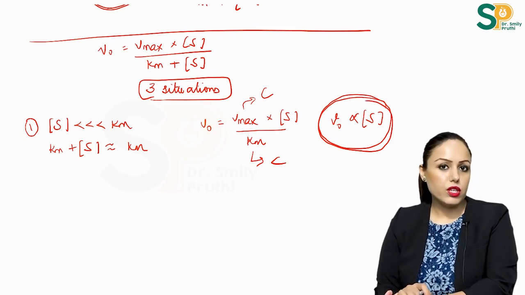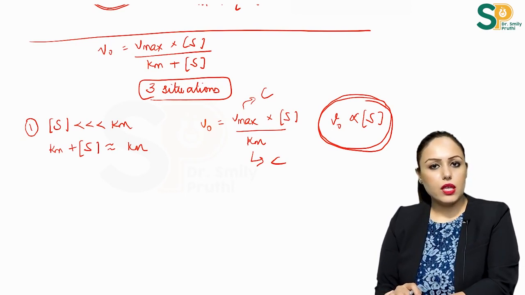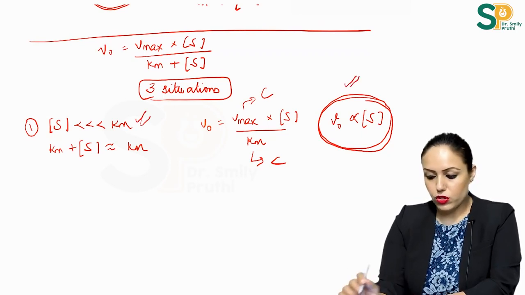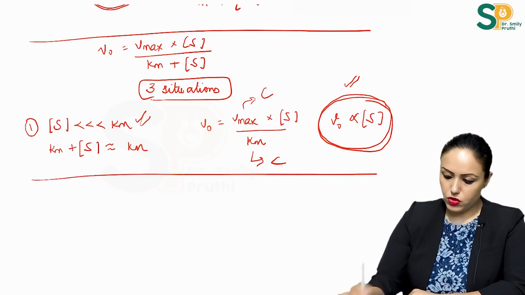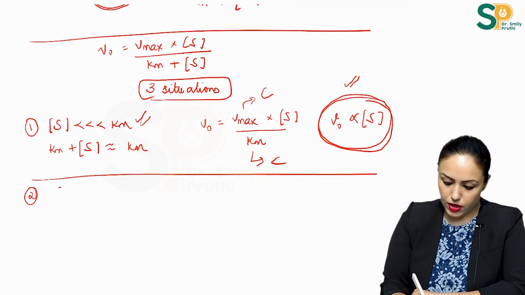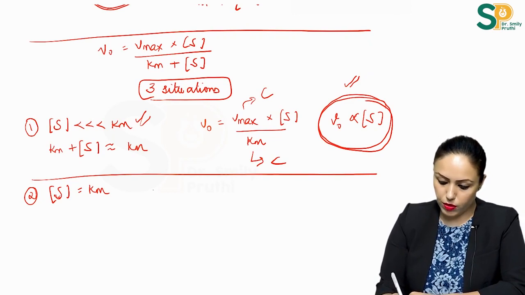I told you this initially also in the rectangular hyperbola graph, that during the initial portion of the graph, when substrate concentration is less than Km, velocity is directly proportional to substrate concentration, right? Then second is when substrate concentration is equal to Km.